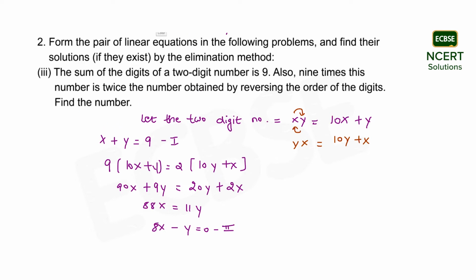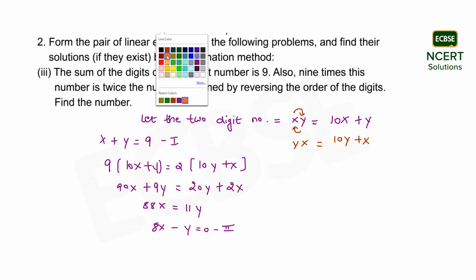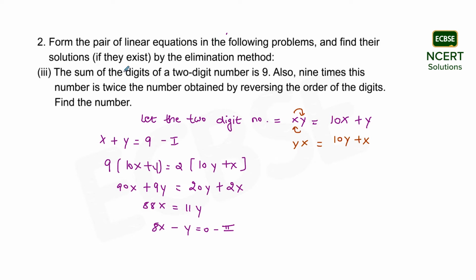Now, in order to solve these two equations, we need to use the elimination method as stated in the question. What the elimination method says is that we have to ensure that the numerical coefficient of a variable is the same in both linear equations. Let us say we are focusing on the coefficient of variable y.